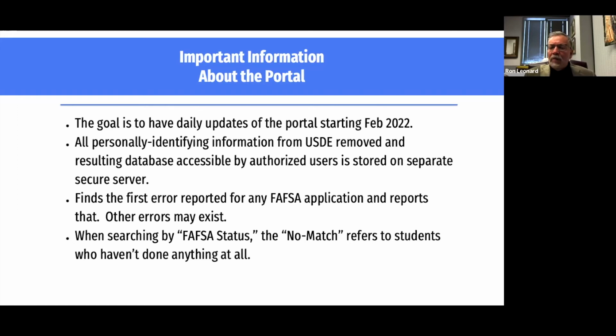There are 4 types. Right? The no FAFSA, the student hasn't done anything. The incomplete, and the plan is for the incomplete email to identify the specific types of errors.